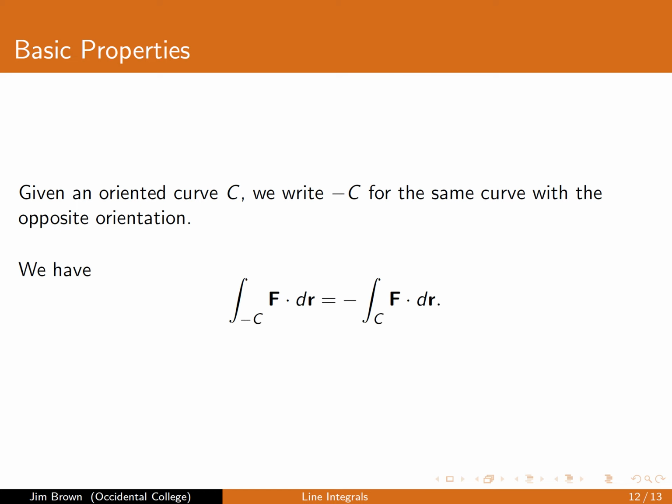If we take the line integral of f over the negative curve, it just gives a negative value: negative the line integral over the original curve C. In the same way, in Calc 1 or Calc 2, integrating from a to b was the same as negative the integral from b to a. You just switch the direction of the interval. Same thing here, you're switching the direction of the curve.